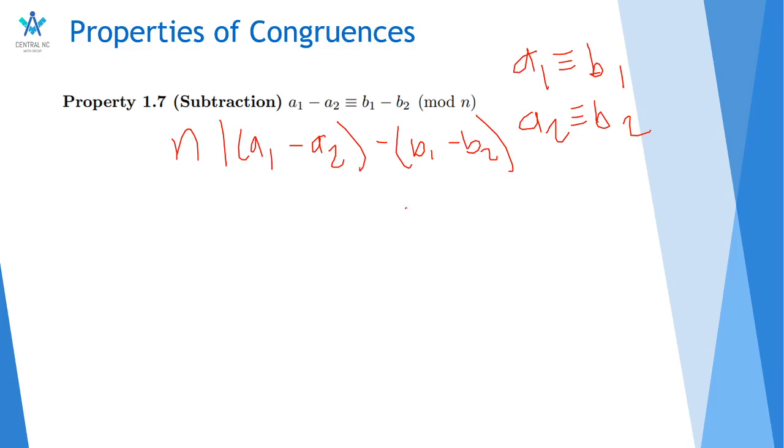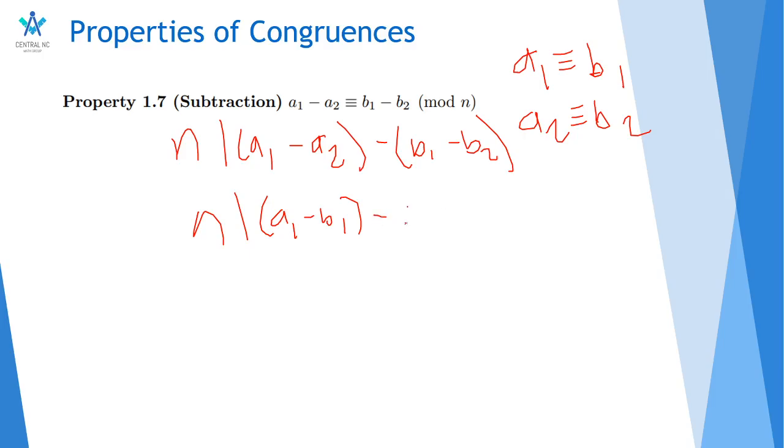So we can simplify this down. This is once again going to give you n divides into, there's A1 and negative B1, so A1 minus B1. And then we have minus A2 plus B2. Since that's going to give us a negative of A2 minus B2, I'll just write it out.